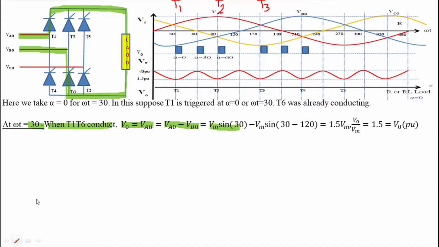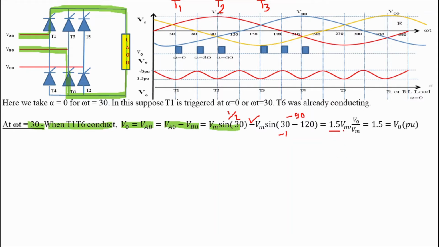So this 30 minus 120 degree is minus 90, and the value of sin minus 90 is minus 1. This minus minus will become plus, so we will get 1.5 Vm, because sin 30 is 1 by 2.